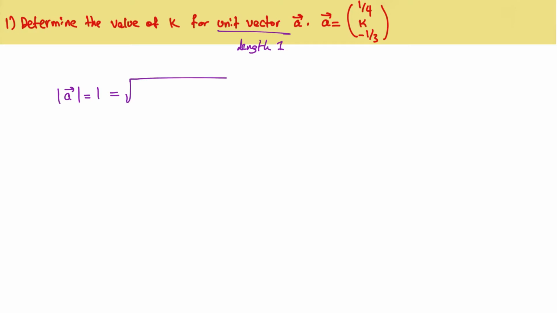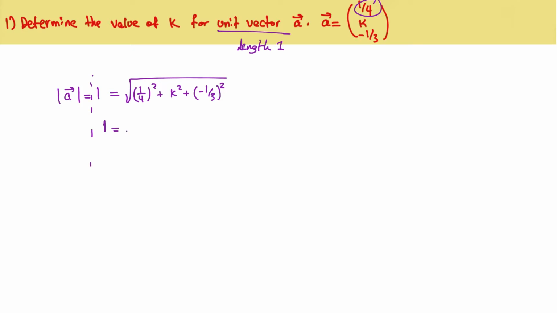That is also equal to the square root of the x component squared, 1 over 4 squared, plus k squared, plus the z component squared, negative 1 over 3 squared. I will continue this side.